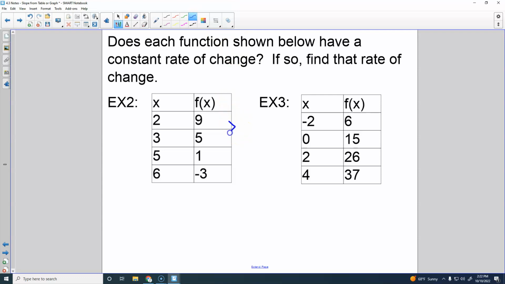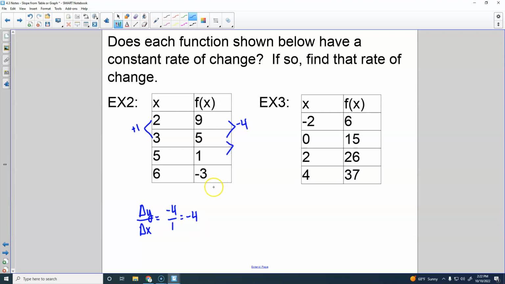So from 5 to 9, minus 4, okay? Over here from 2 to 3, plus 1. So my change in y over my change in x for that first increment right there is negative 4 over 1, which will give me negative 4. Okay?